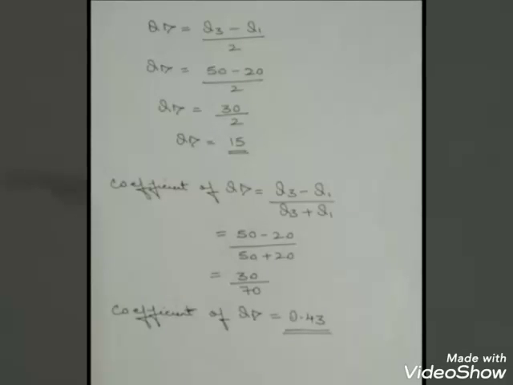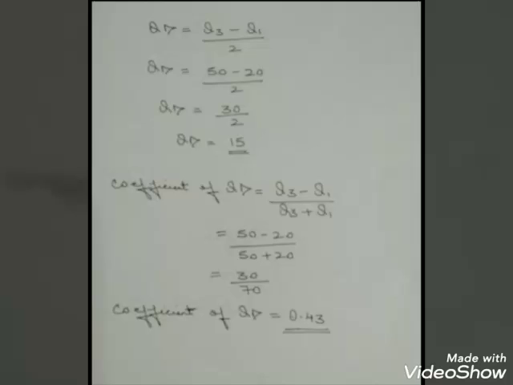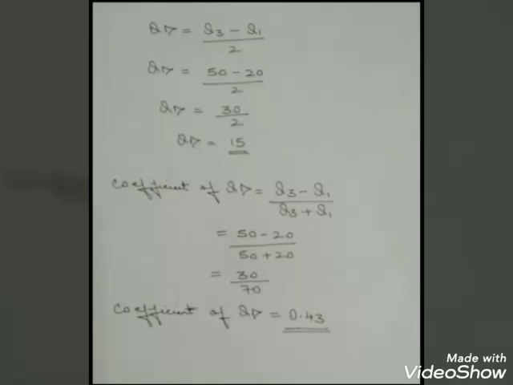Similarly, we are going to put the values in the formula of coefficient of quartile deviation, which is Q3 minus Q1 upon Q3 plus Q1. Your Q3 is 50 minus Q1 which is 20, upon Q3 which is 50 plus Q1 which is 20. If you deduct 20 from 50, you get 30. If you add 50 and 20, you get 70.